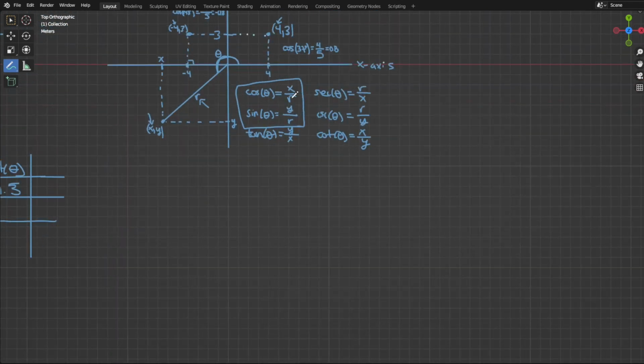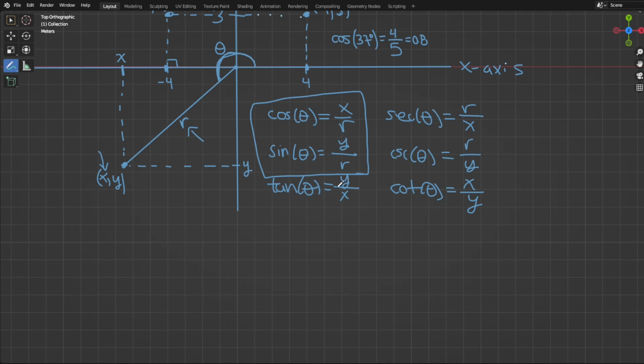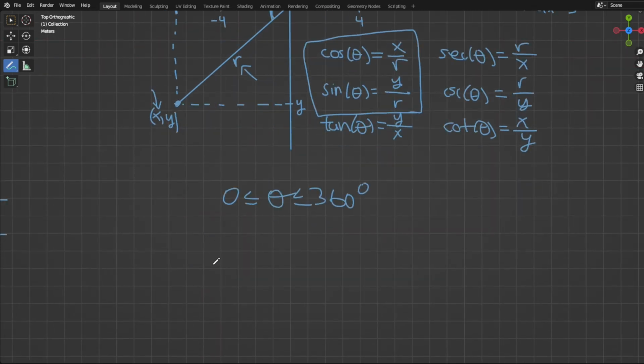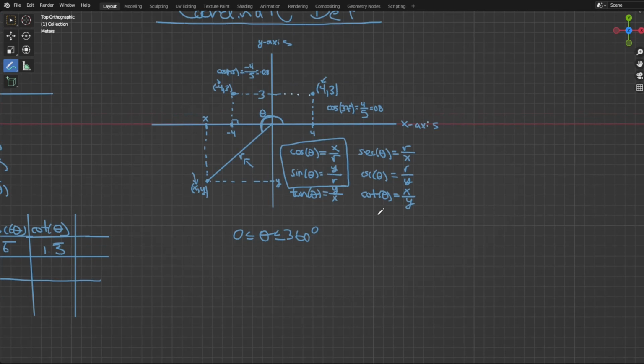Once you start using x over r and y over r, you could start using theta to be this now. You could start creating a table with the columns of everything here, and then you could start getting some interesting data for that, and you get everything you need.